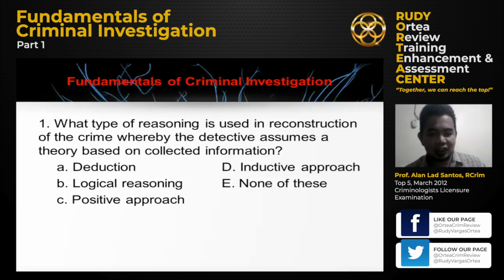Okay, nice try, John. Okay, Mexico, your answer is correct. The answer for this one, I want you to take note. The two types of approaches when it comes to crime scene reconstruction: deduction approach and inductive.